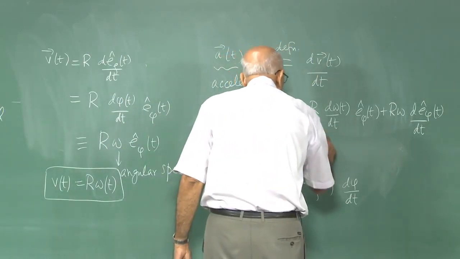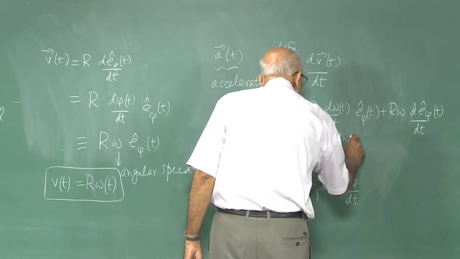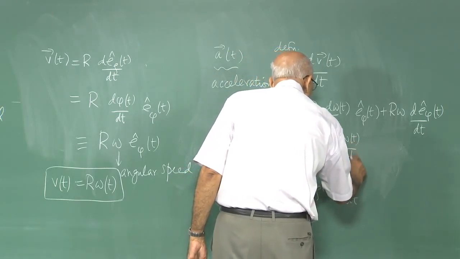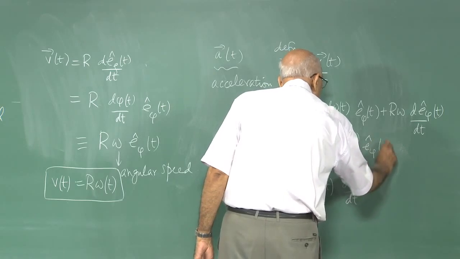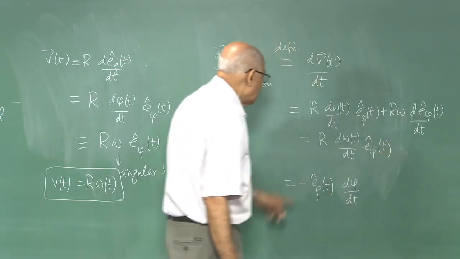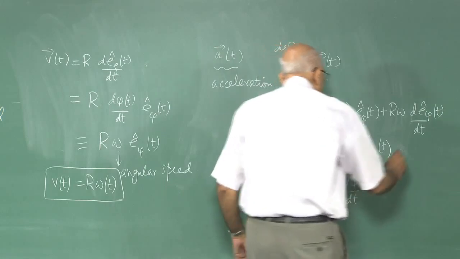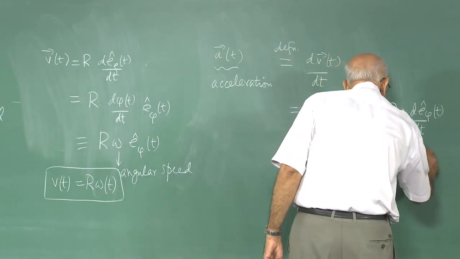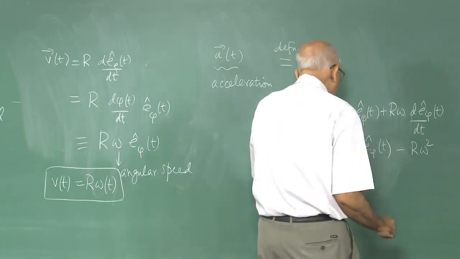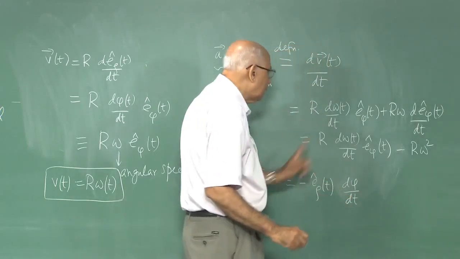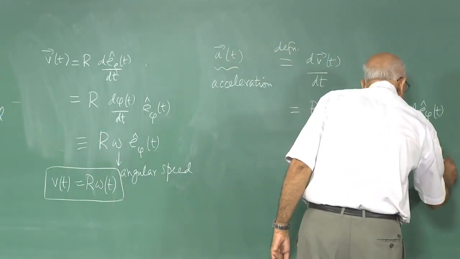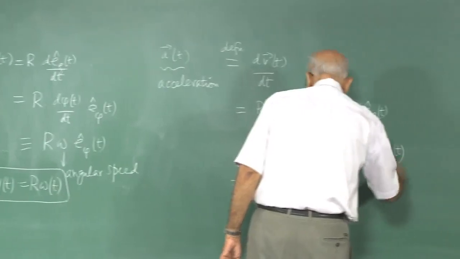This is equal to r times d omega of t over dt E phi of t, and there was a minus sign here, so this is equal to minus r omega squared, because there is another omega from this quantity, times E rho of t.